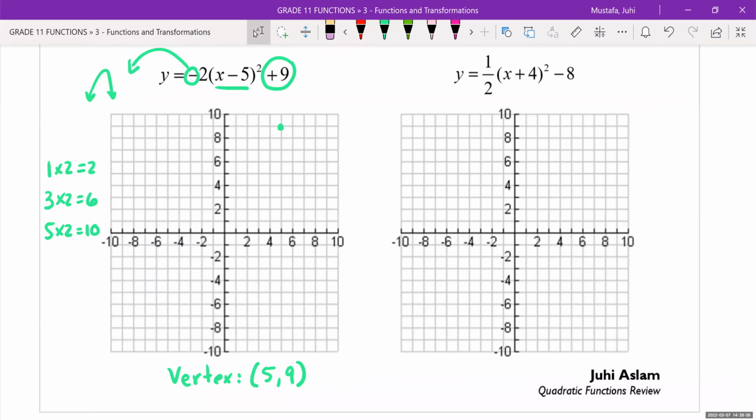Okay, so from 5, 9, I am going to go 1 to the right, down 2, 1 to the left, down 2, 1 to the right, down 6, 1 to the right, down 6. And I can actually fit 10 because there's enough space here, so I'm going to put in 10 too.